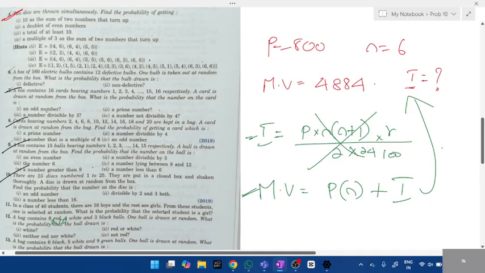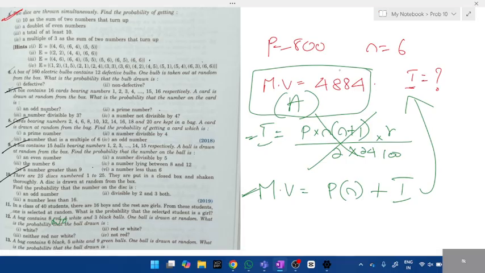In some textbooks, maturity value is taken as amount. It's the same. Maturity value or amount is the same.